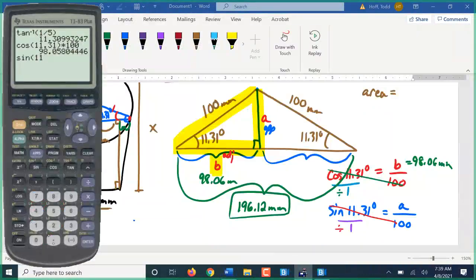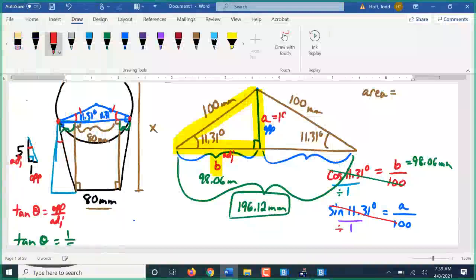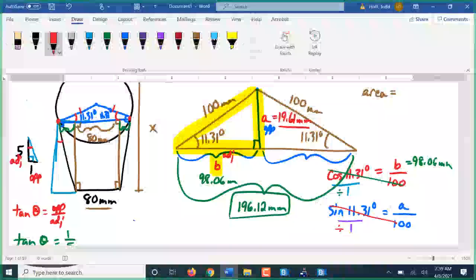Sine of 11.31 degrees times 100 divided by 1 gives me 19.61 millimeters. That 19.61 will become important coming up.